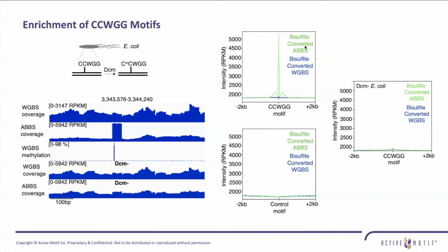When we look at the bisulfite converted whole genome bisulfite sequencing, we don't see this enrichment. When we knock out DCM in E. coli, we can see that this signal disappears. So it's a good control to show that it's really specific for DNA methylation. And finally, when using a control motif, we don't see any enrichment for either sample.